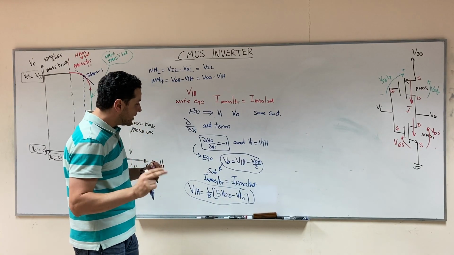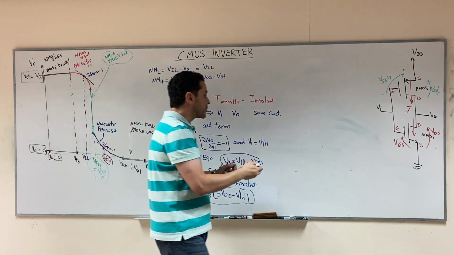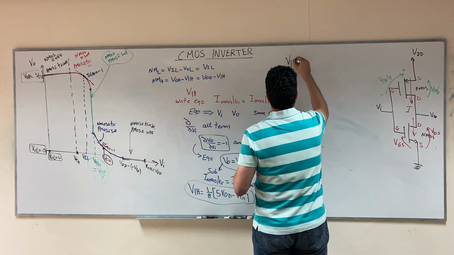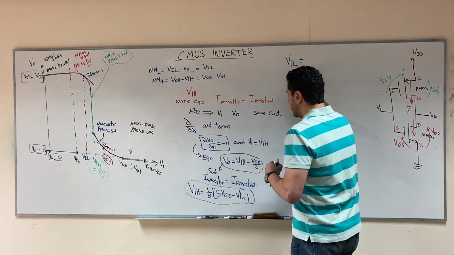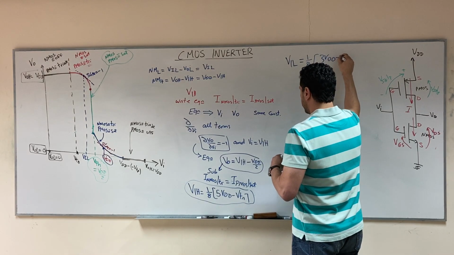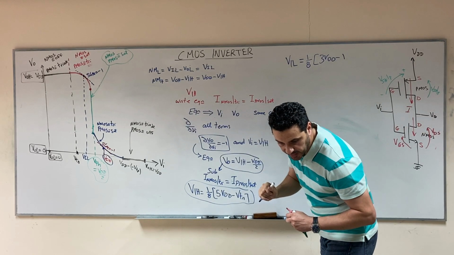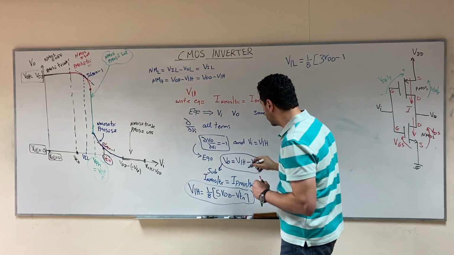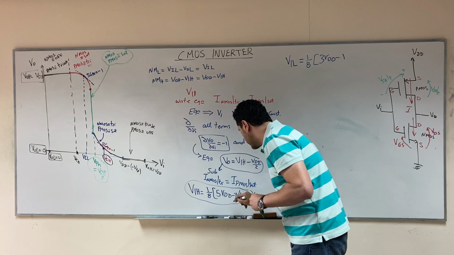You can do the same or a similar procedure for VIL, and you will find that VIL is 1/8 (3 VDD minus, actually it's plus, 2 V threshold).